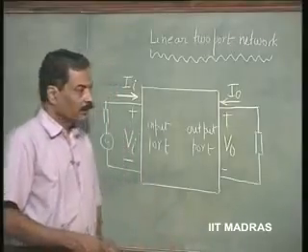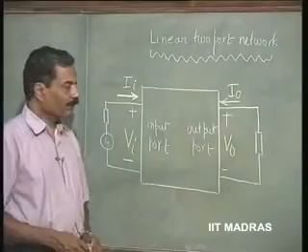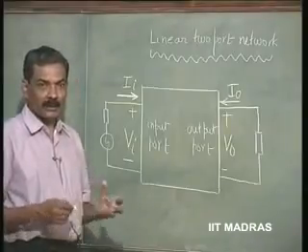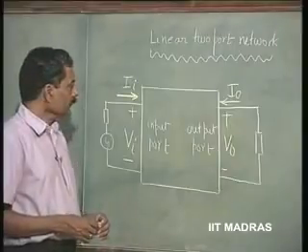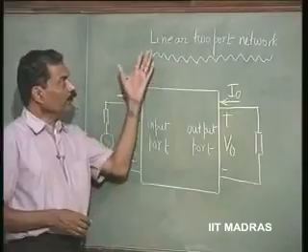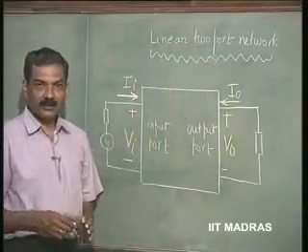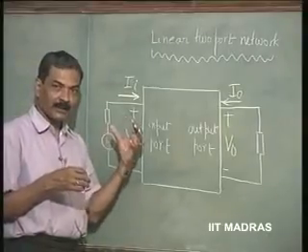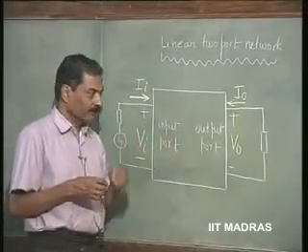Now, let us try to understand the concept of amplifier more thoroughly, more mathematically, more quantitatively than before. We will now go into linear two-port network theory a little bit, so as to understand how we can link what we have learnt in networks with what we are going to do with amplifiers.